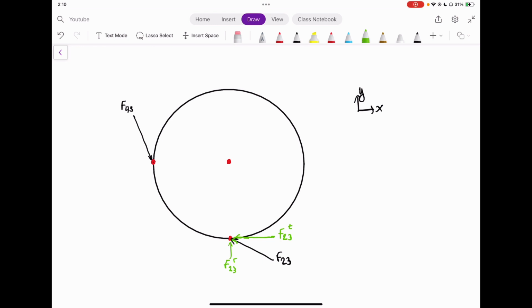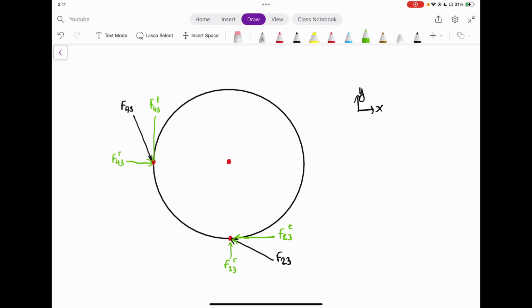And once again, we have the two components of that force being F43 tangential and F43 radial. Okay, so we have these two forces acting on our system.